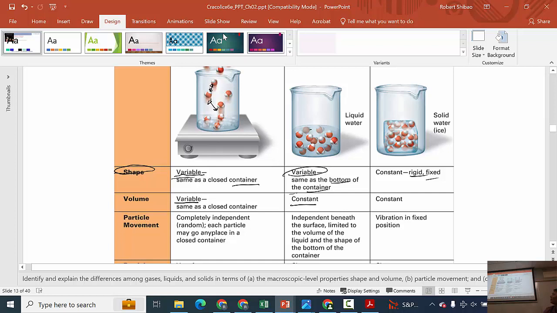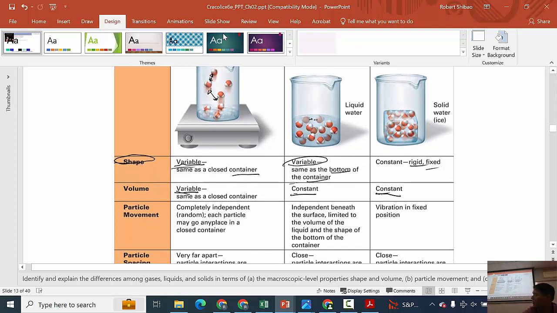So liquids are incompressible. You can compress them a tiny bit, but that's it. How about solids? Are solids compressible? No. So what we say is if something's incompressible, it has constant volume. If something's compressible, it has variable volume. It could also compress or expand.